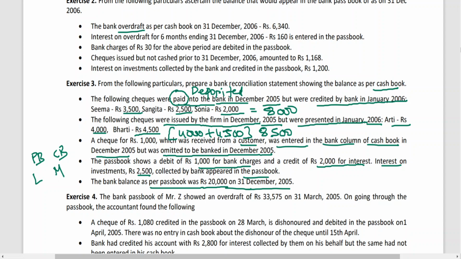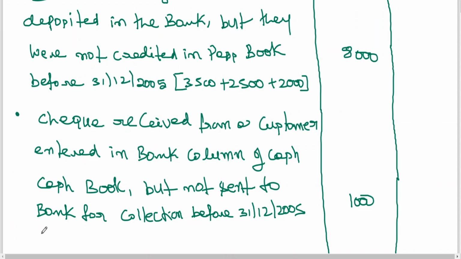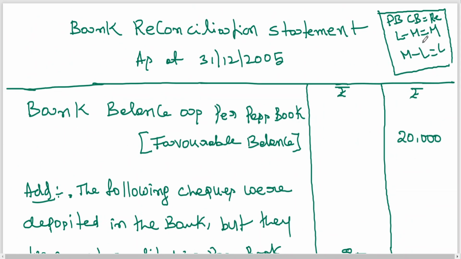You know what is to be done here. When passbook is showing less, cash book is showing more, it is to be added.